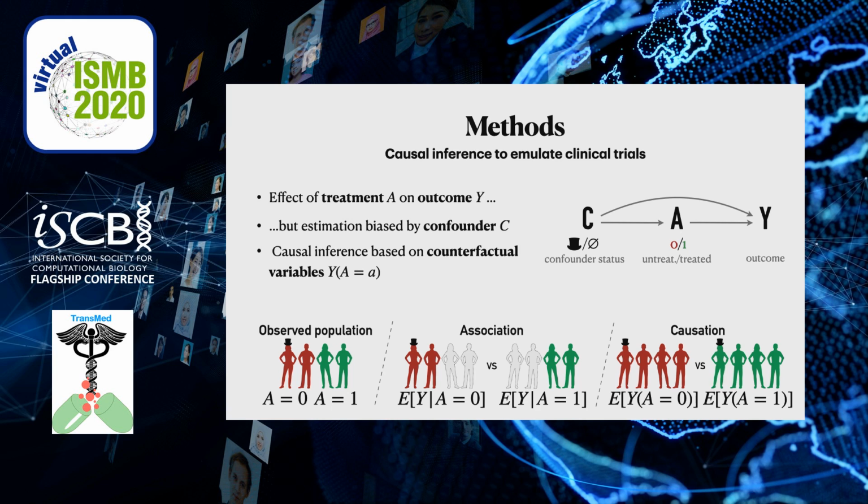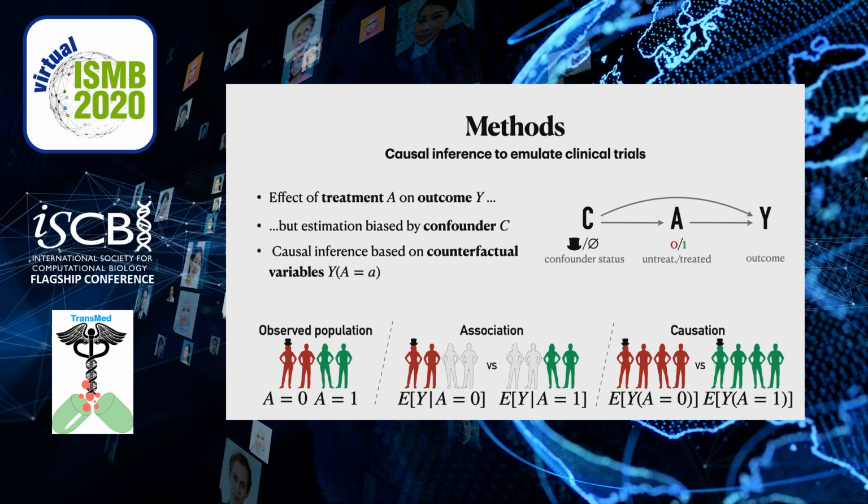If you compute the average of Y, the average of the outcome, in untreated patients, and you compare that with the average outcome in treated patients, then you are looking at association, because the confounder is not balanced in both subcohorts, so you cannot say anything about the influence of A alone on Y. That's what we want to do, to study causation.